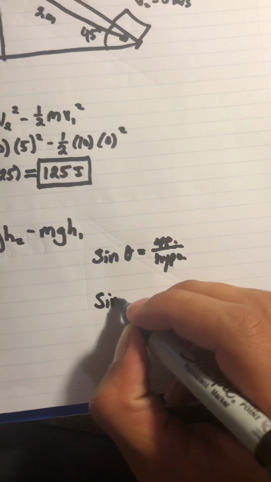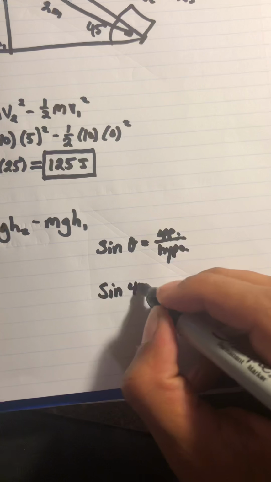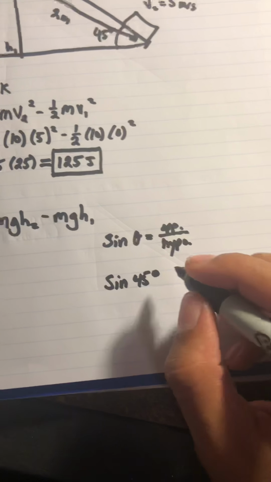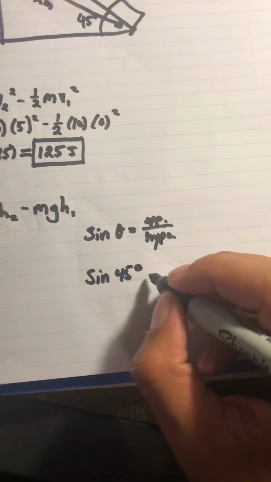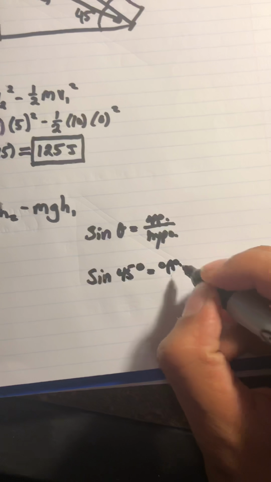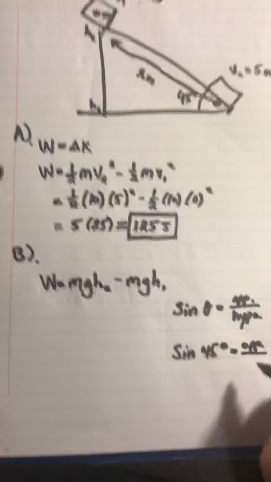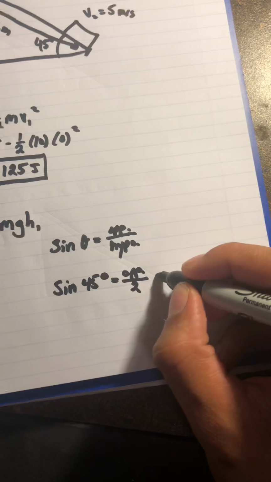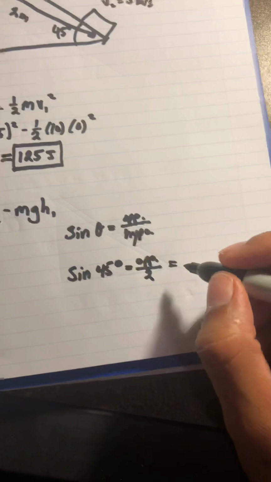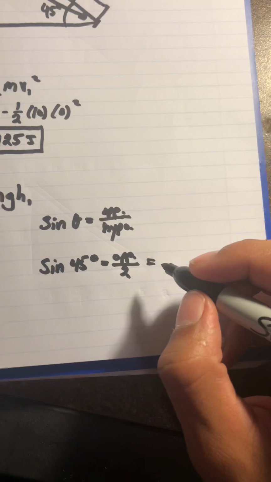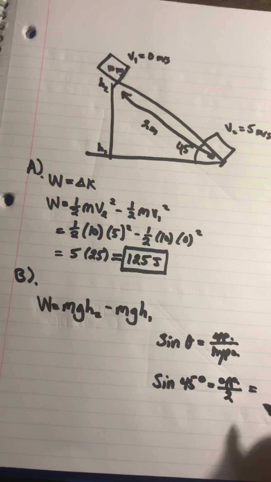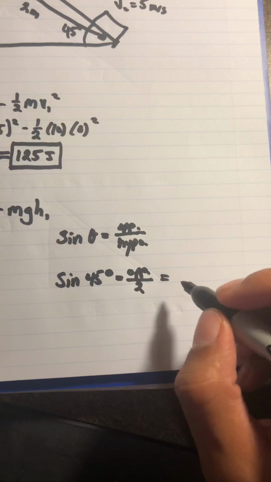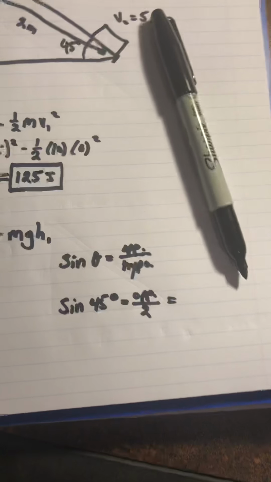So sine of 45 degrees would equal the opposite over our hypotenuse, which is 2. To get the opposite side, which would be our height, we move that 2 over.